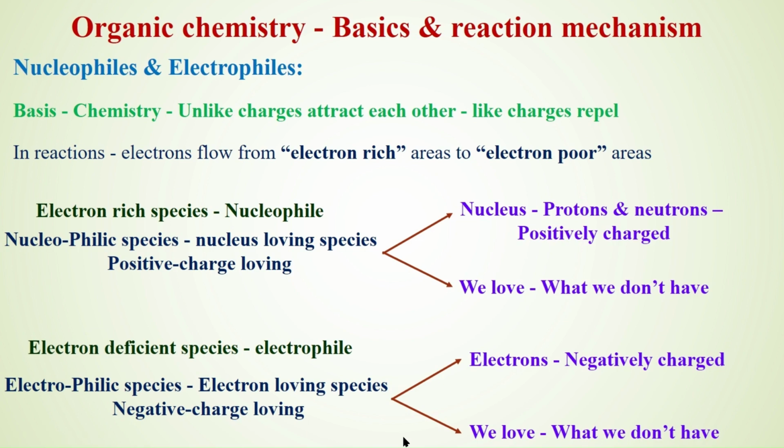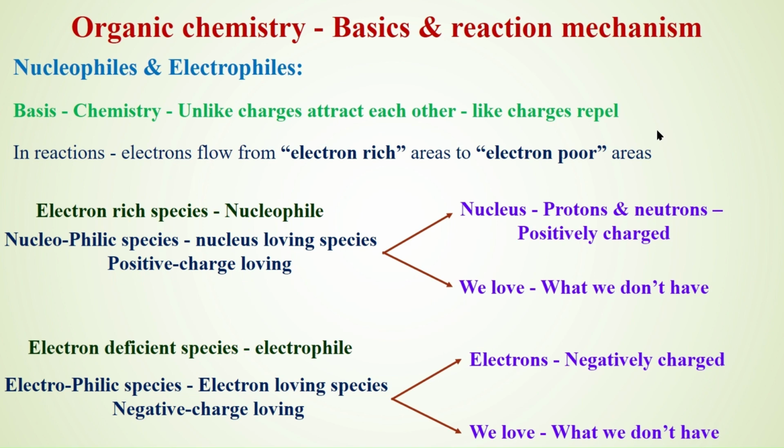The attraction between the electrophiles and nucleophiles is the basis of reaction. Unlike poles attract each other, like poles repel each other. This is the basis of nature, and the electrophile and nucleophile attraction is the basis of chemistry.